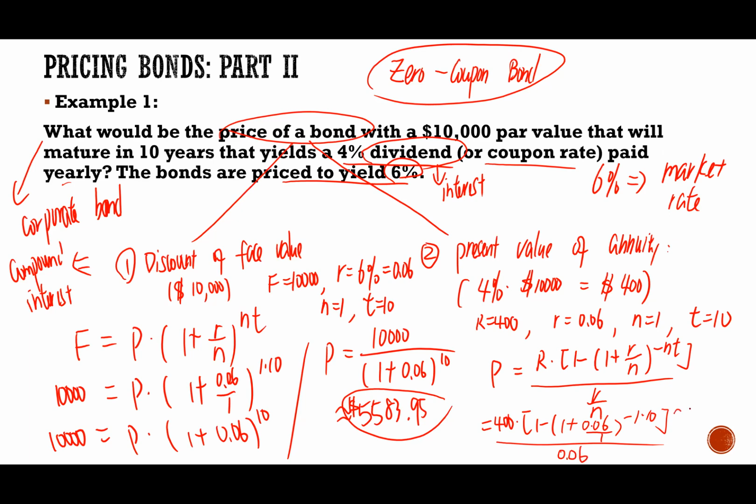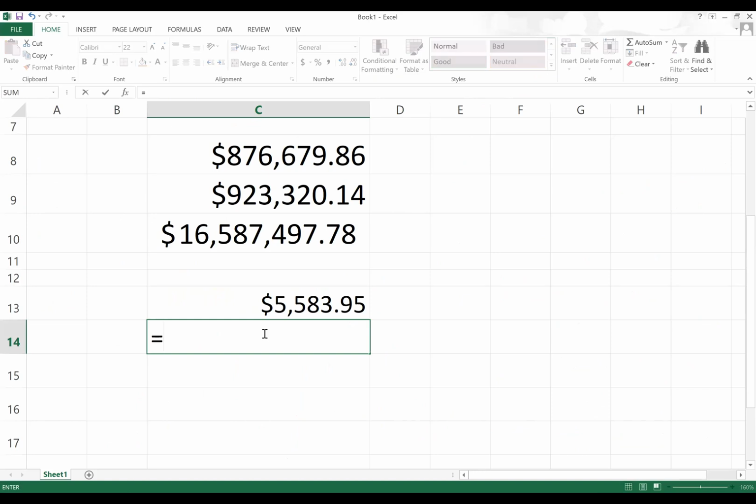Let's see what that answer is. Let's put it into Excel. It's going to be $400 times open parentheses 1 minus (1 plus the rate 0.06 divided by 1) raised to the 10th power, 10 years.